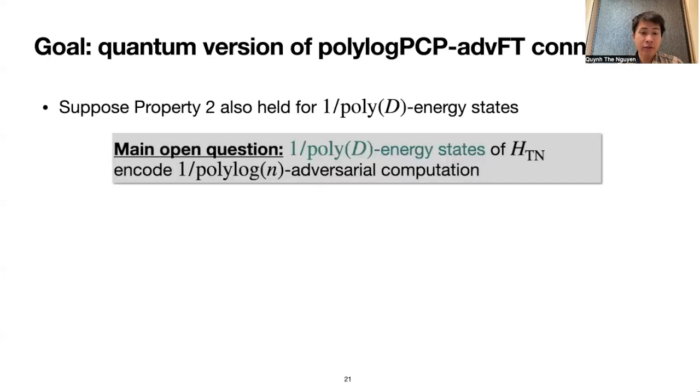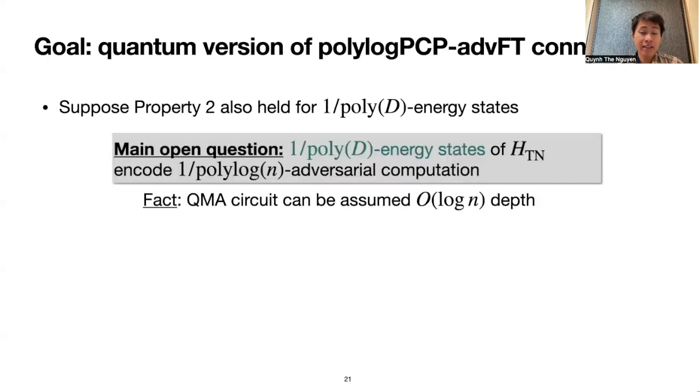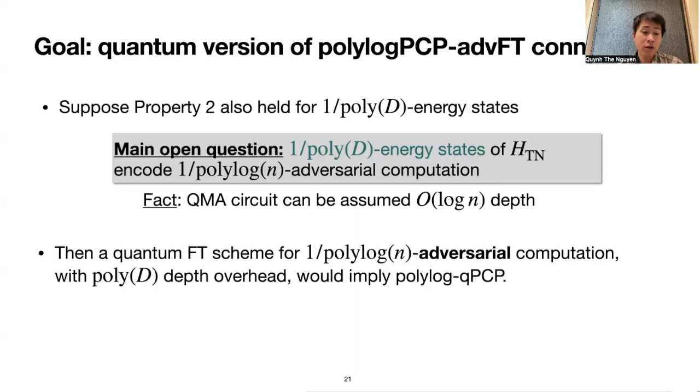Recall that QMA circuits can be assumed to be log depth, so a quantum fault tolerance scheme for 1 over polylog adversarial computation would then imply polylog quantum PCP. Currently, we only have the same statement for 1 over poly D combinatorial states, so what we have is a combinatorial version of the statement.